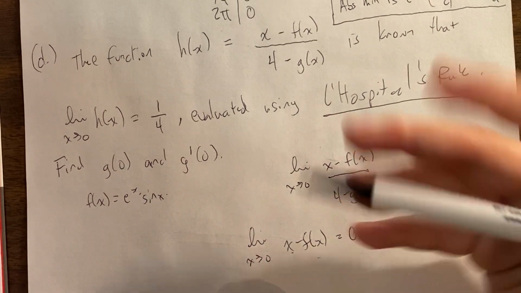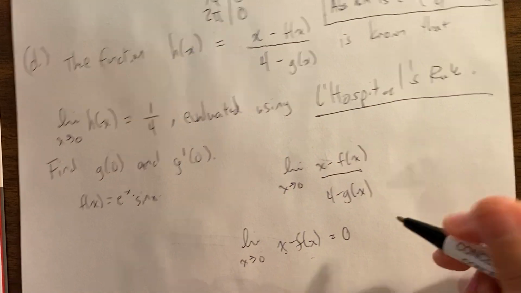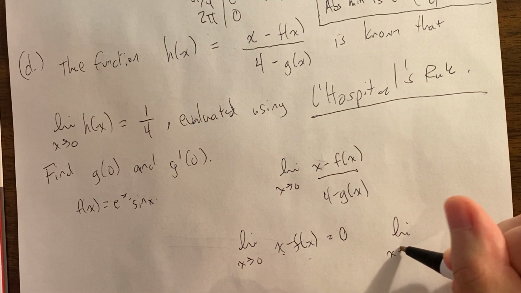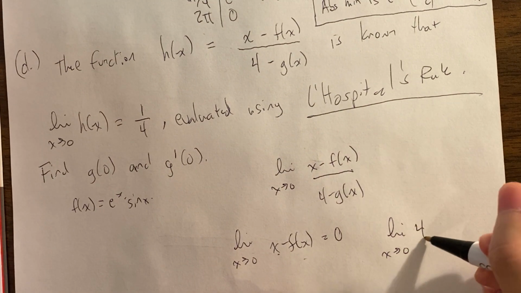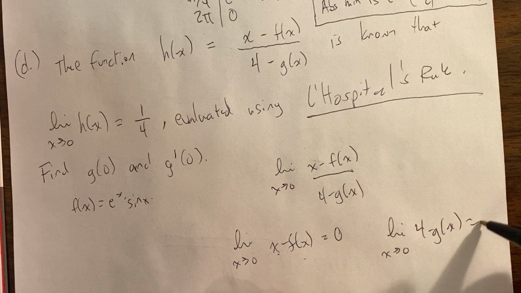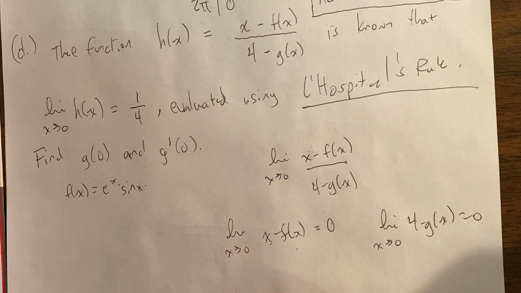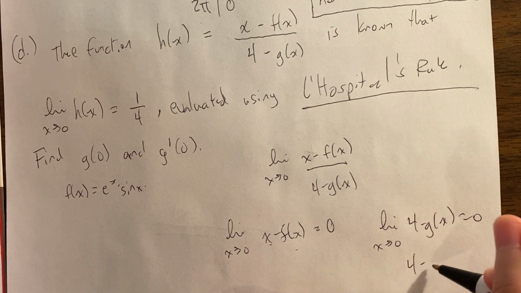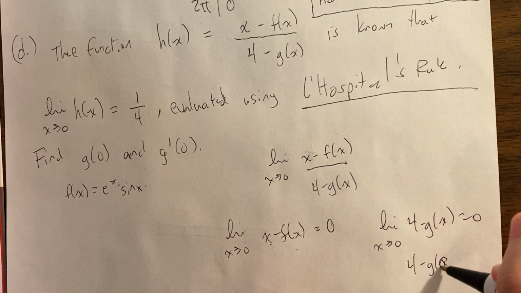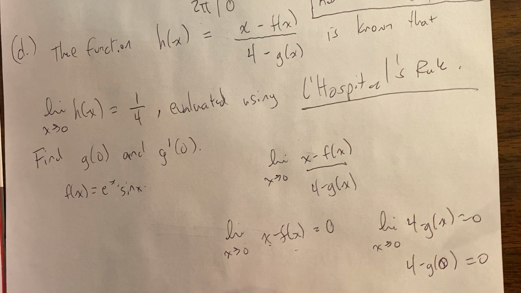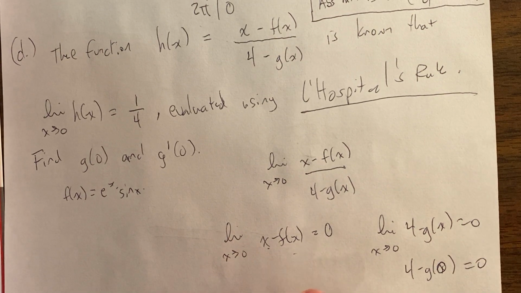That's fine. We don't really care about f of x because we already have that presented. What's more important is that the limit of the bottom is also equal to 0. So we are going to plug in 0 here, and we get 4 minus g of 0 is equal to 0. So it must be that g of 0 is equal to 4.